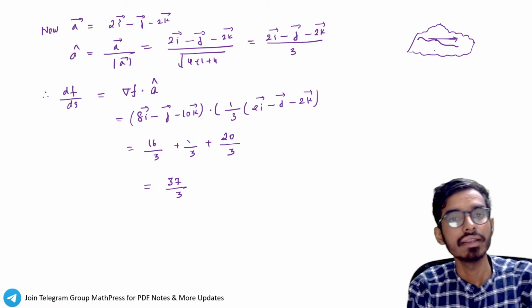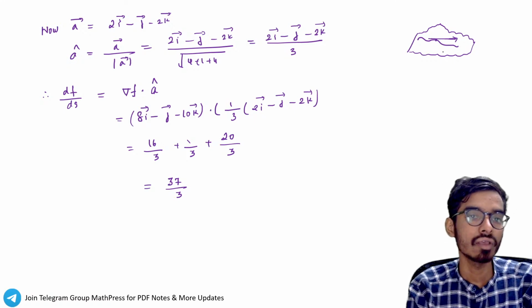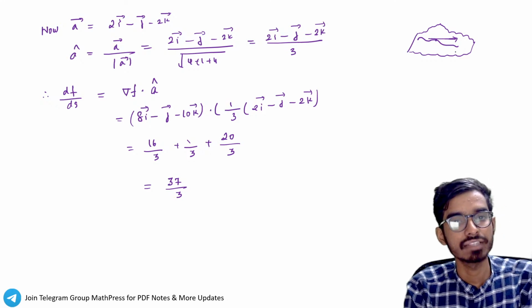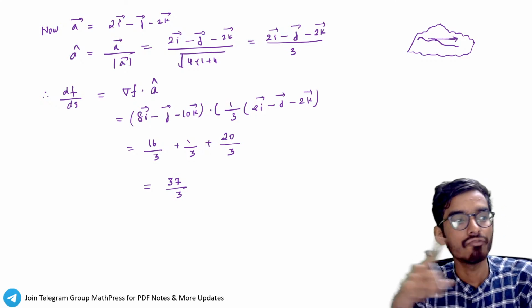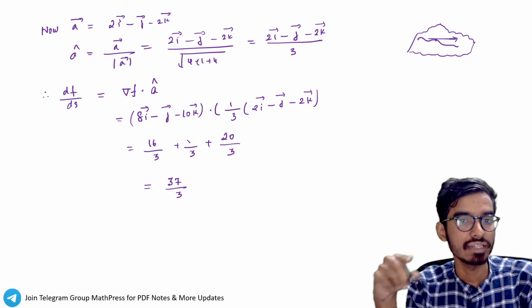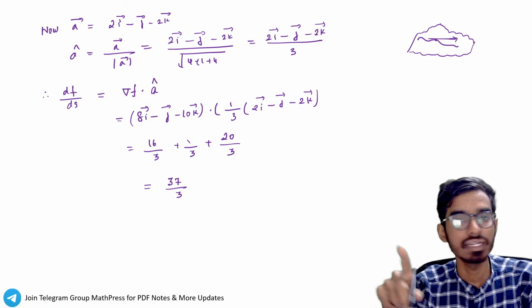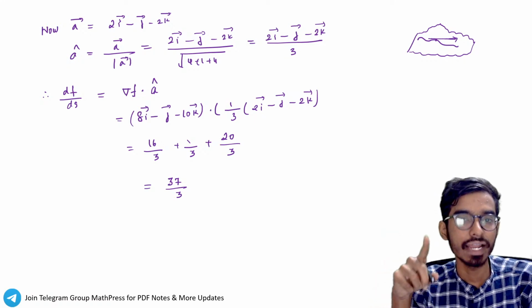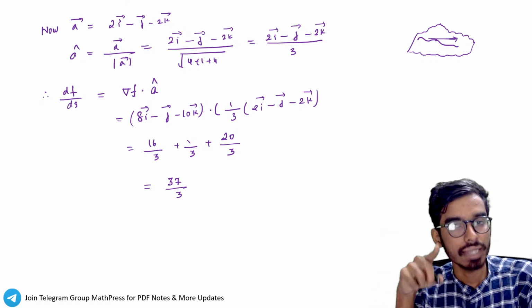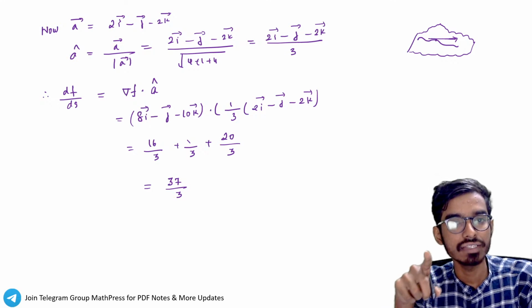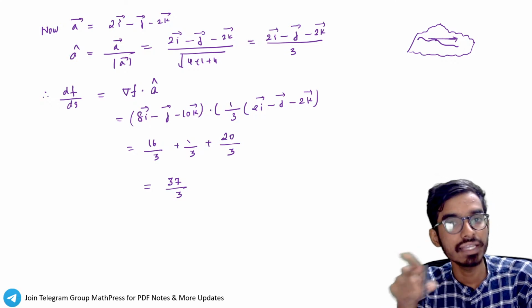In single variable calculus, you would have known, if f dash of x is greater than or equal to 0, f is increasing. If f dash of x is less than or equal to 0, it is decreasing. If f dash is strictly greater than 0, it is strictly increasing. So here also, if your directional derivative in that direction is positive, you can say that f is an increasing function in that direction.